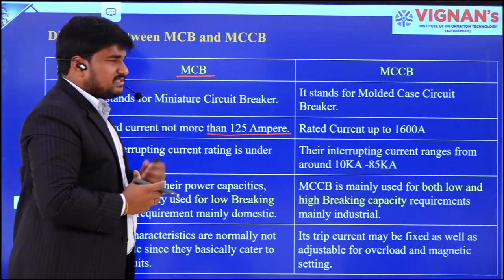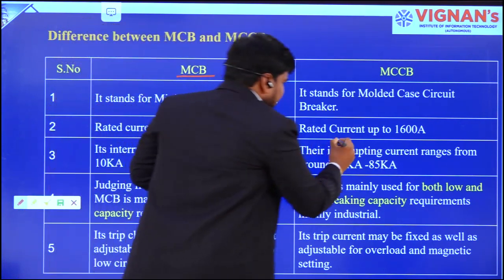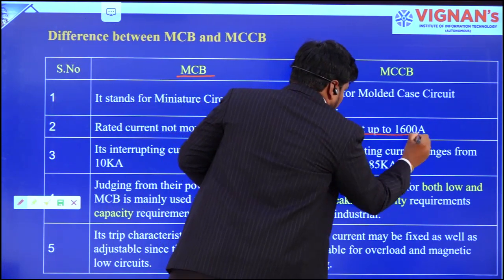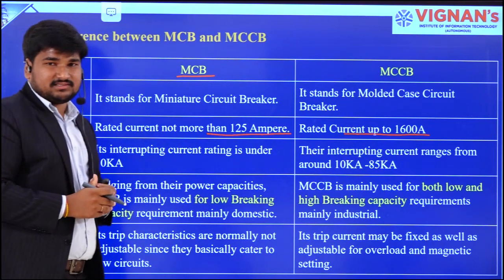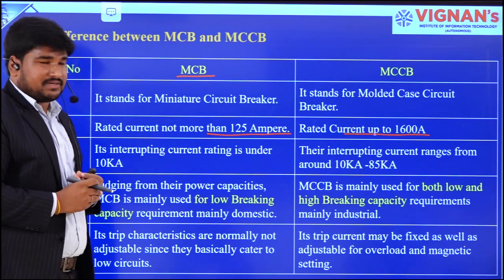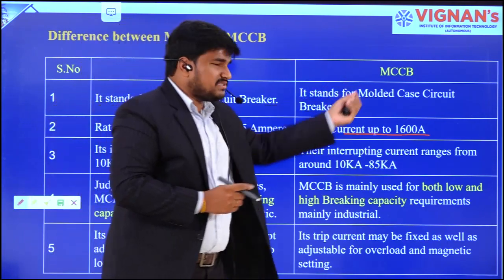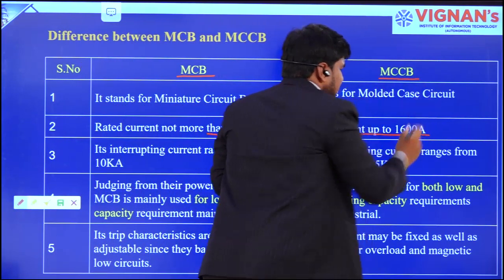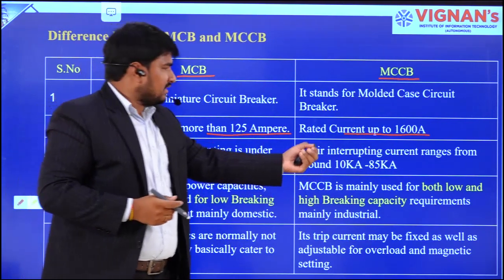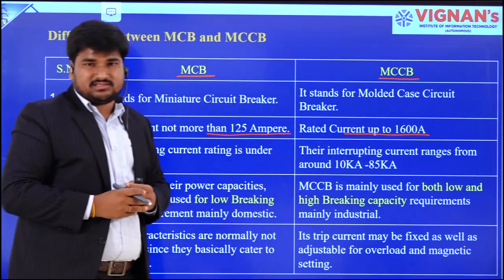But in case of MCCB, the current rating can be up to 1600 amperes. So observe these two. With the help of MCCB, the current limit is extended up to 1600 amperes.